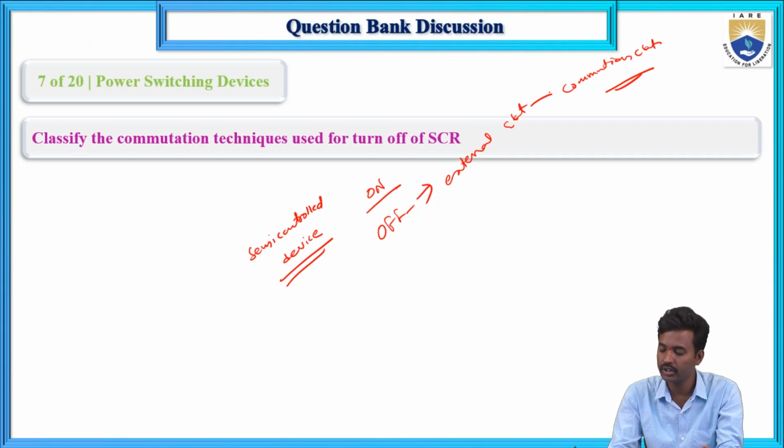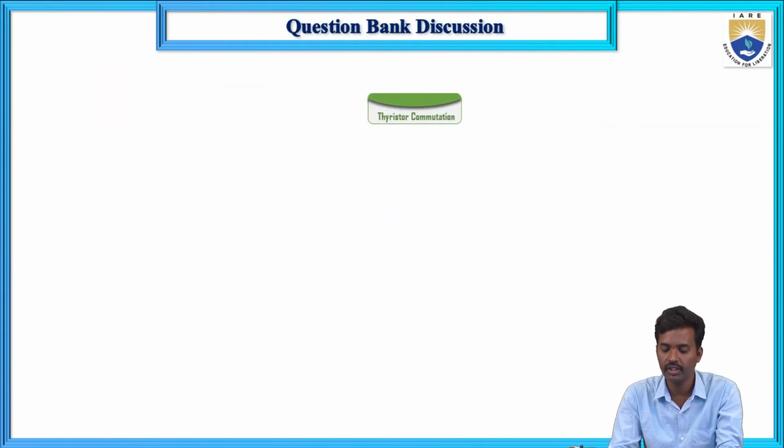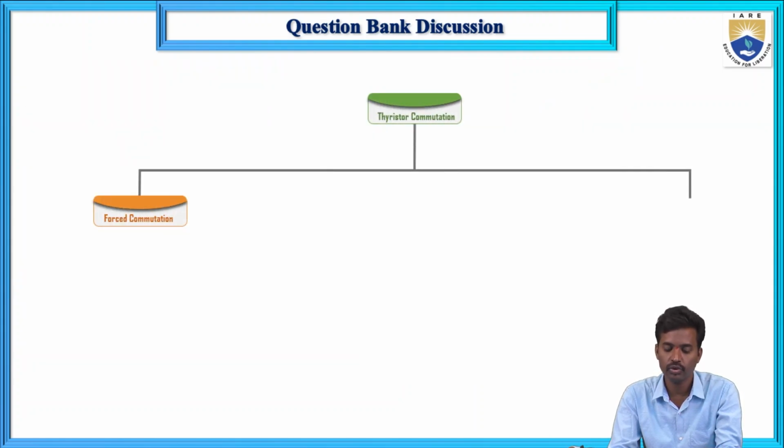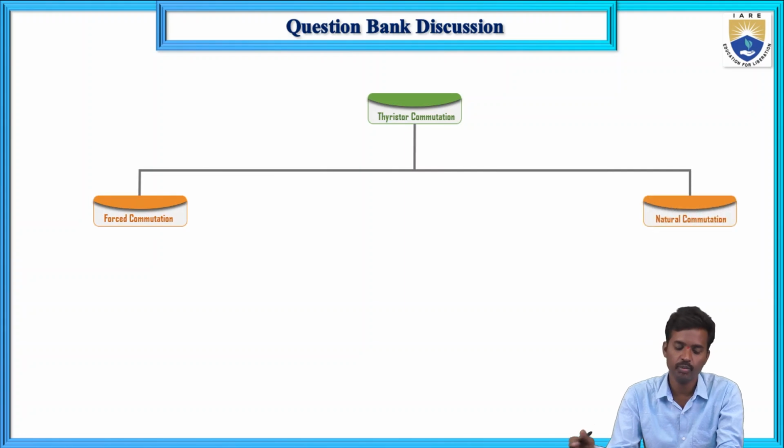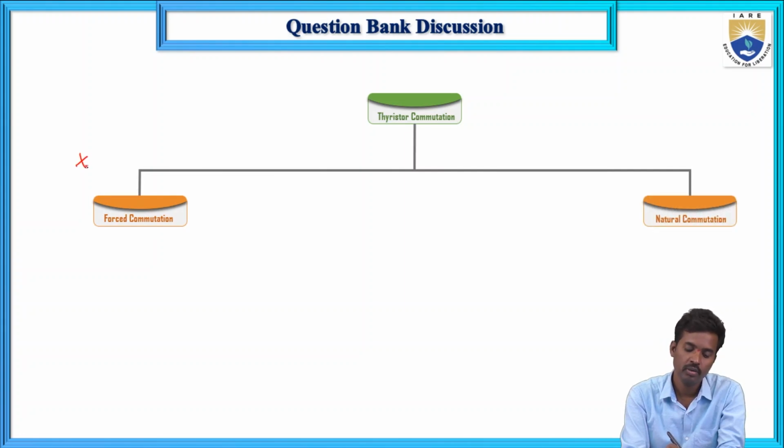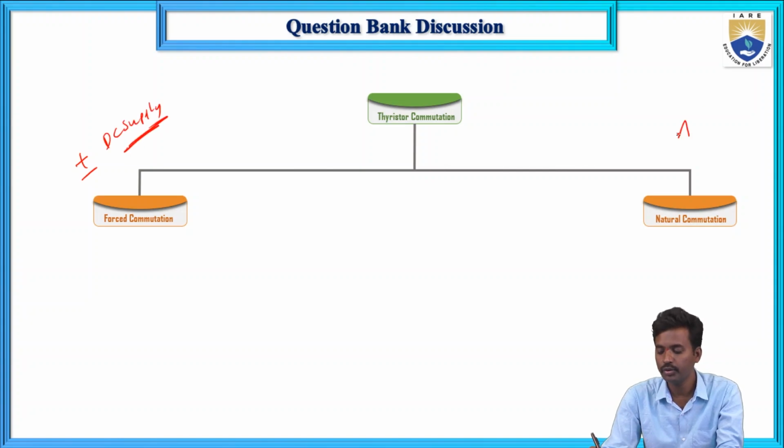Commutation circuits are classified into forced commutation and natural commutation. If you use a DC supply, that is forced commutation. If you use an AC supply, that is natural commutation.